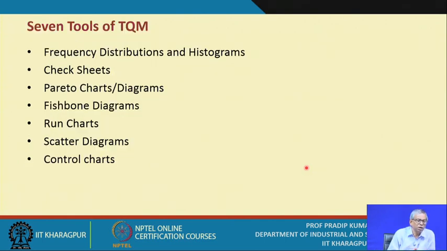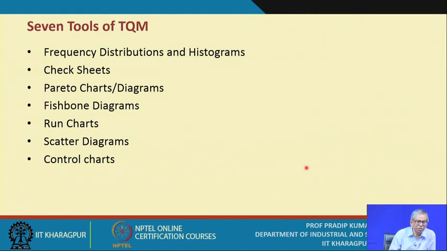Now, at the first instance, we will refer to certain tools used in the TQM framework. There are 7 such tools you come across. So what are these 7 tools of TQM? Frequency distribution and histograms. Maybe many of you are aware of how to draw frequency distributions and histograms.